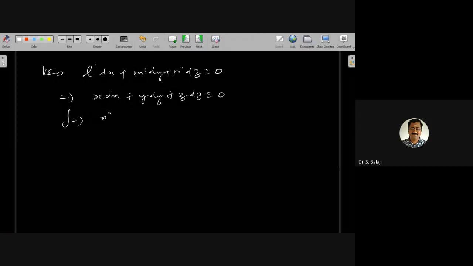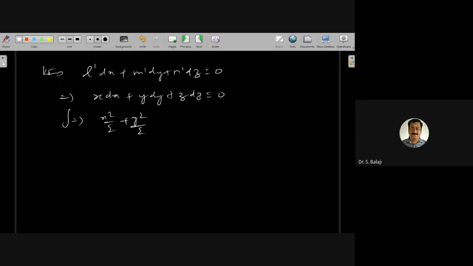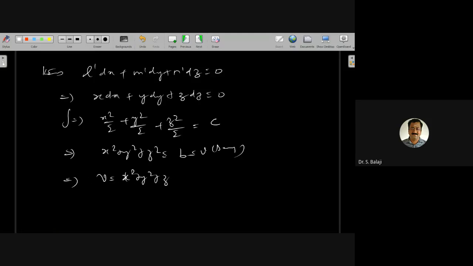Integrating, x square by 2, y square by 2 plus z square by 2 is equal to some constant c. This implies x square plus y square plus z square equal to b, that is equal to v. So v is equal to x square plus y square plus z square. The solution is Phi of u, v equal to 0.